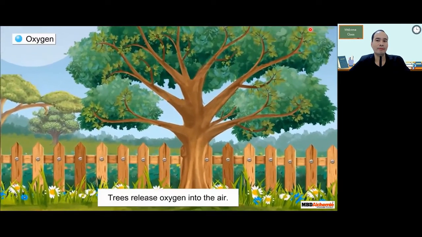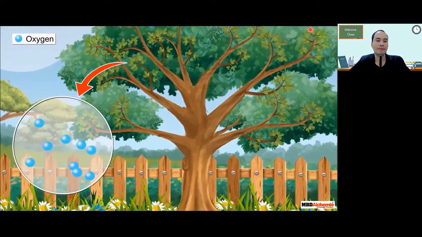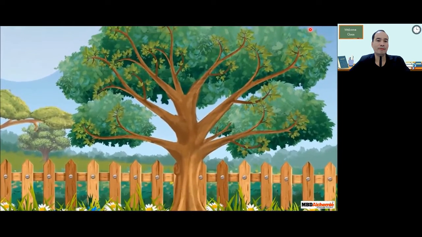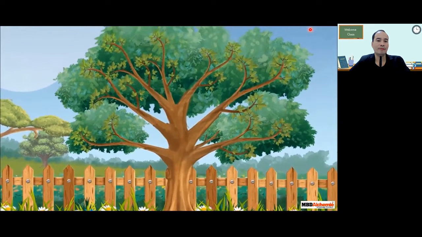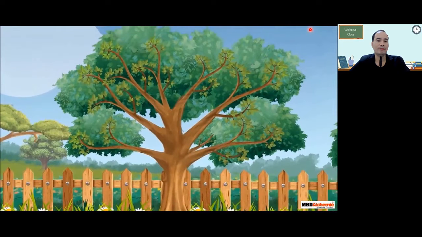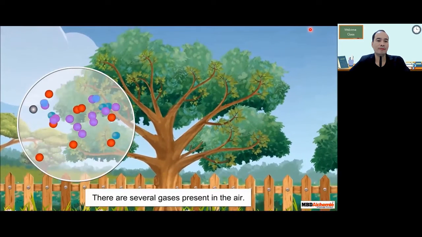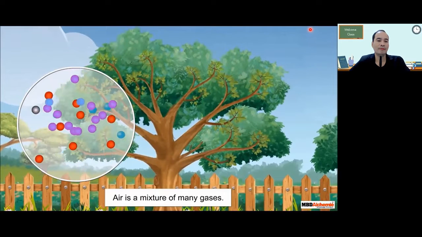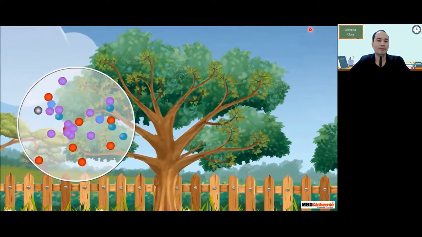It is because the trees release oxygen into the air, which is an integral part of air. Trees help in maintaining the level of oxygen in the air, which is important for the survival of living beings. Air does not only contain oxygen, but there are several other gases present in it as well. In fact, air is a mixture of gases. Let us now find out what gases air is composed of.